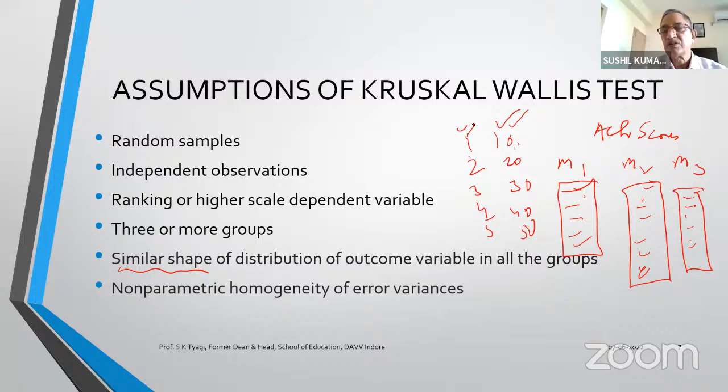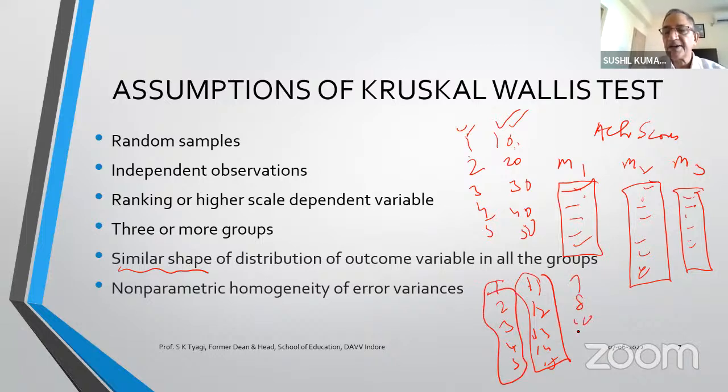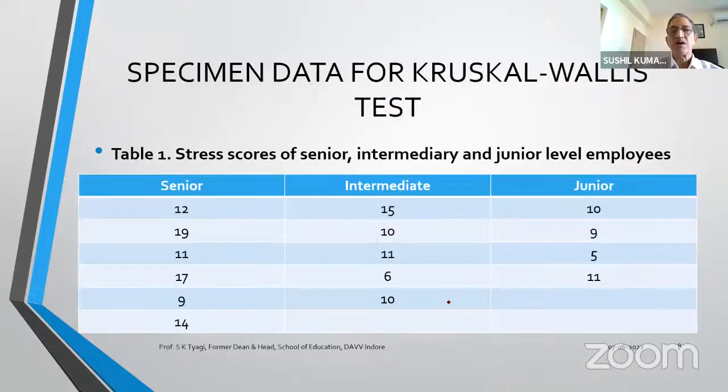Equal variance would be like 1, 2, 3, 4, 5 and 11, 12, 13, 14, 15, or another group 7, 8, 10, 11, 13. The differences among individuals are almost the same. This is homogeneity of variance, but we have a non-parametric version of it.